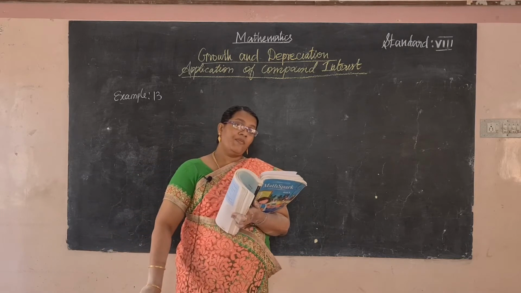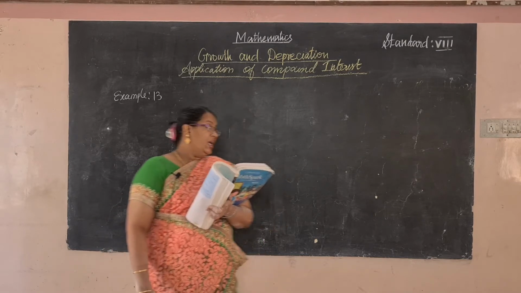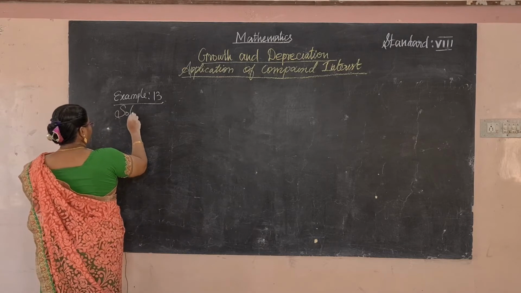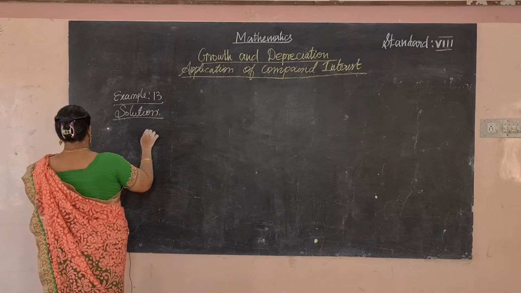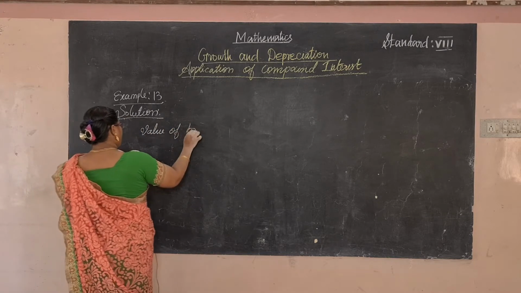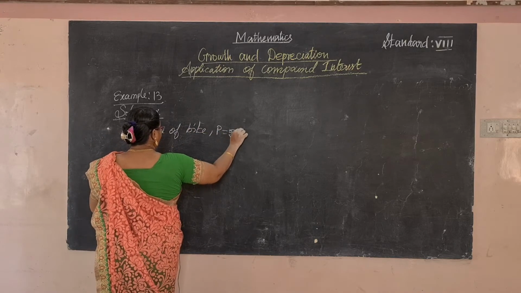What is the depreciation formula? A is equal to P of 1 minus R by 100 the whole power n. The value of the bike, P, is rupees 65,000.